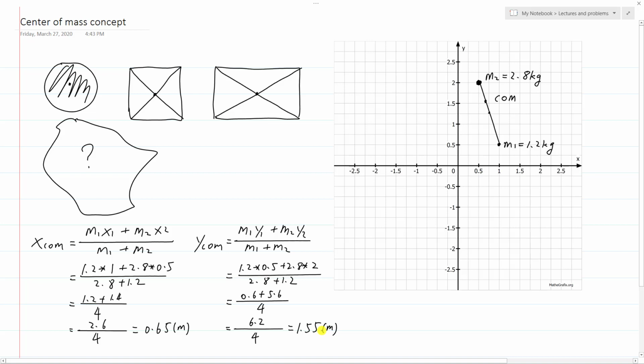Okay, so now let's look on the xy coordinate system at where this exact point is. 0.65 is somewhere over here, and then 1.55, between 1.5 and 1.75, somewhere over here.